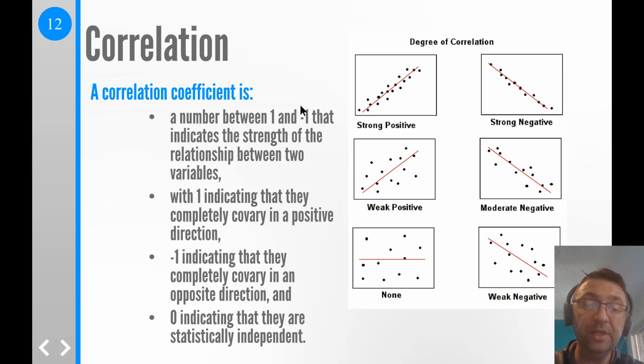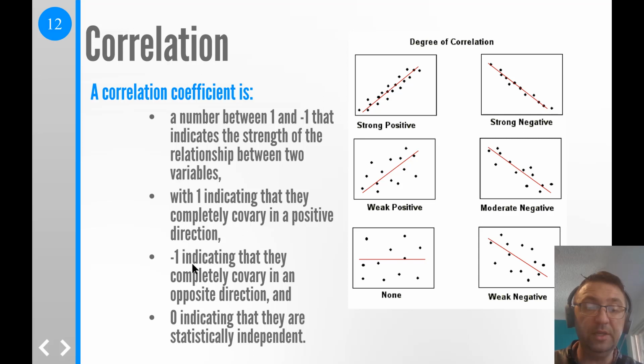Okay, so what is a correlation coefficient? It's a number between 1 and -1 that indicates the strength of a relationship between two variables. 1 indicates that they completely covary in a positive direction, so something like this is almost a 1.